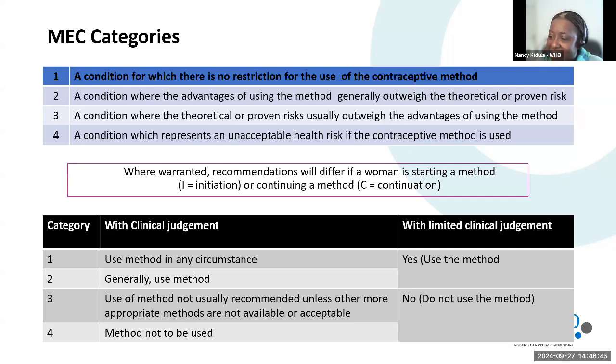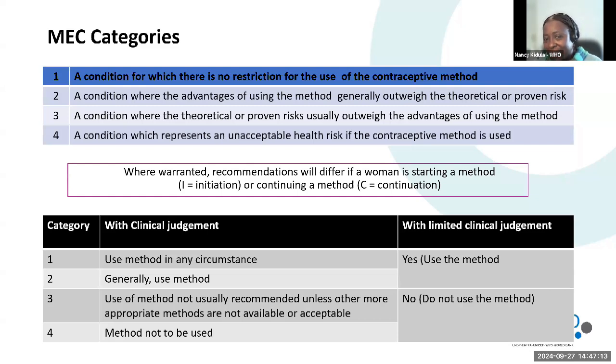We have another category, category 3. Category 3, the theoretical or proven risks outweigh the advantages of using the method. And when we say that this method is category 3 for this condition, it means generally don't use this method if you have other methods that are category 1 or 2.